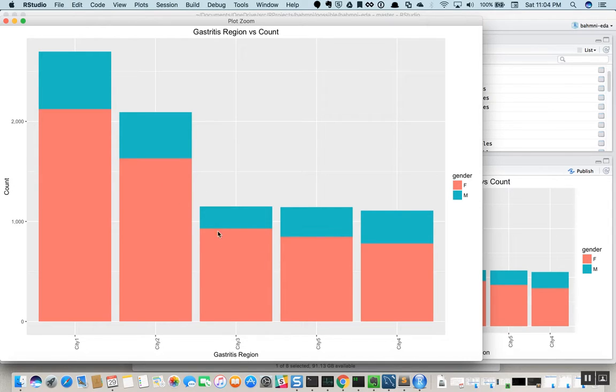So maybe it's worth investigating the results of females having gastritis to see if we can identify any insights or trends in their lab results and why they seem to have more gastritis. So let's go back to the R code.